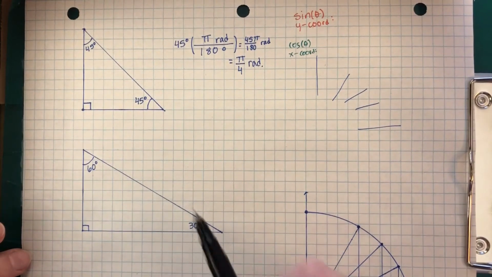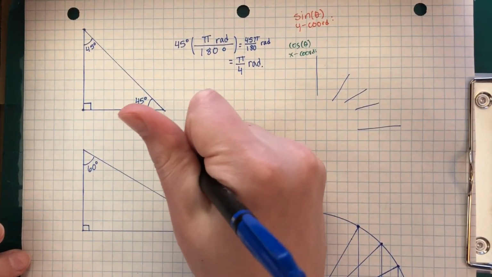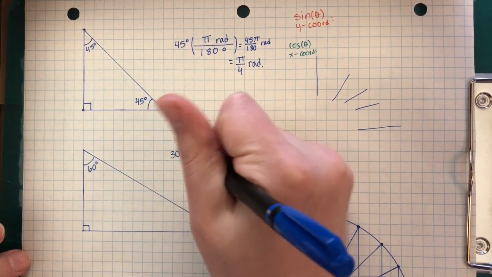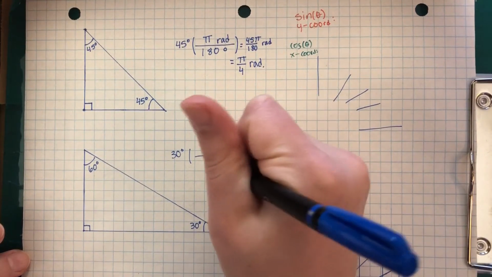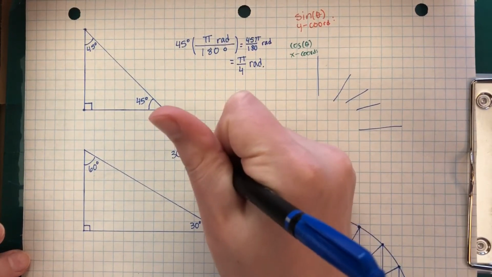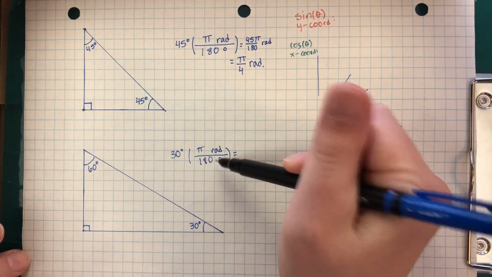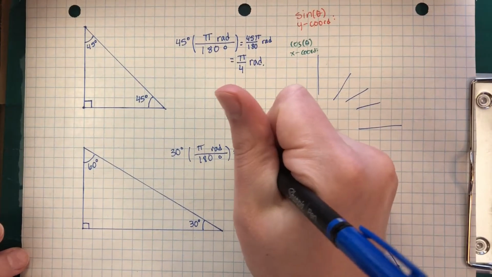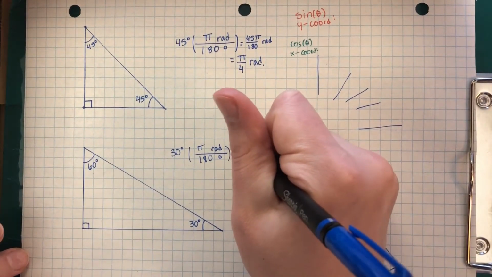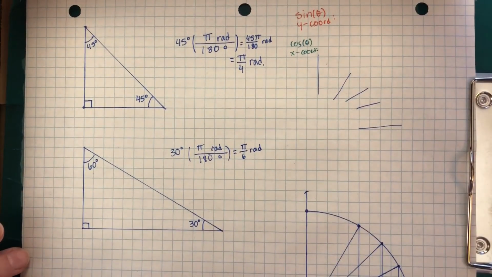Let's do the same thing here. So 30 degrees. I want to get rid of degrees. I want to end up with radians. And 180 degrees equals pi radians. This 30 divided by 180 simplifies to 1/6. So this is going to end up as pi over 6 radians.